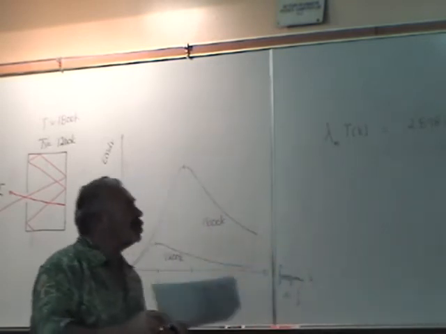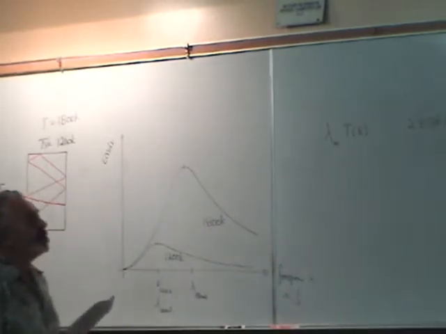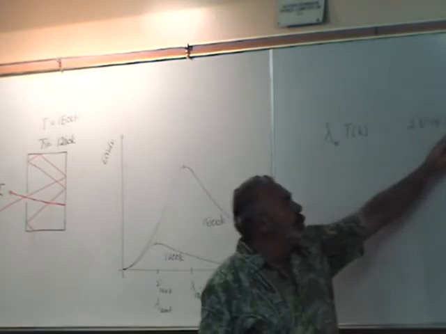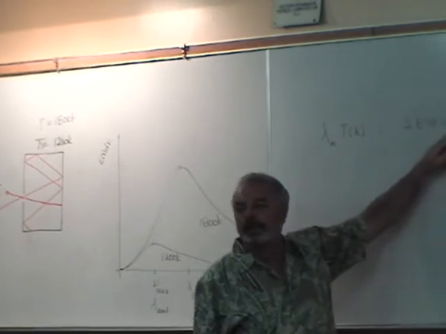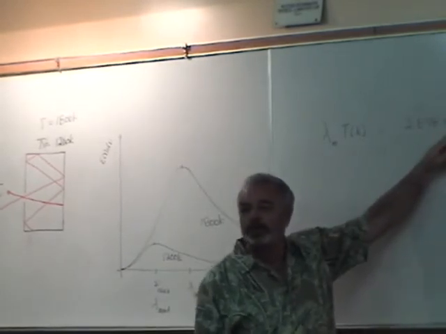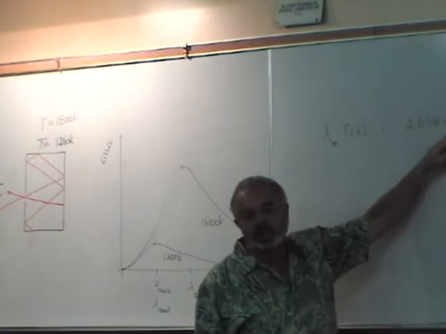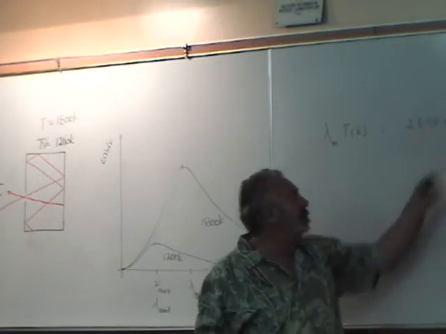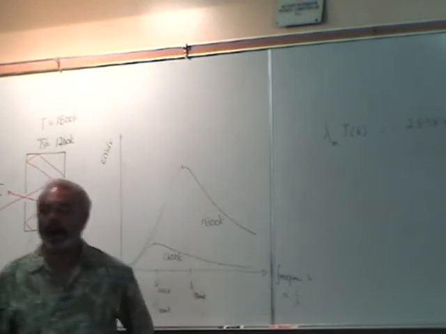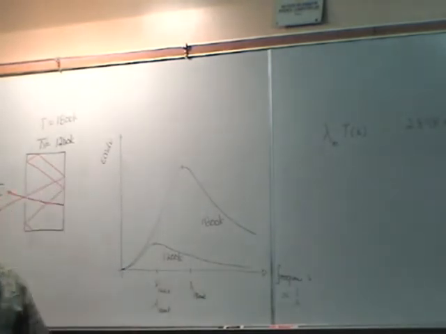He found out that relationship works. If you simply use this number, which by the way is very much like the number 12 when you're converting back and forth between feet and inches, this is just a conversion factor, then that product will always be this number: 2.898 times 10 to the minus 3.